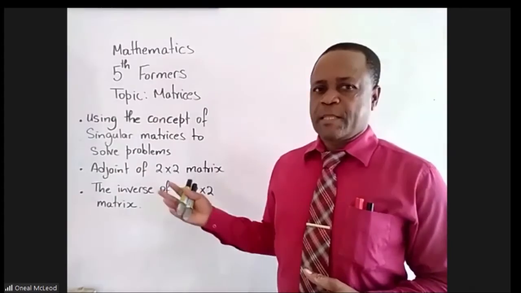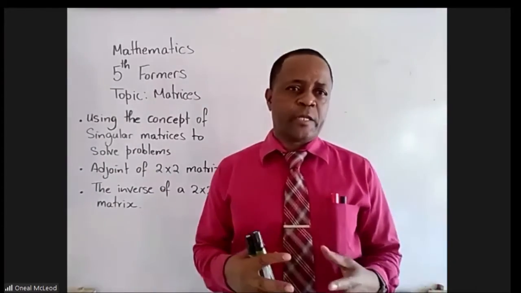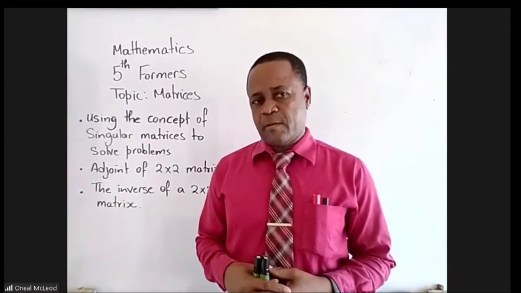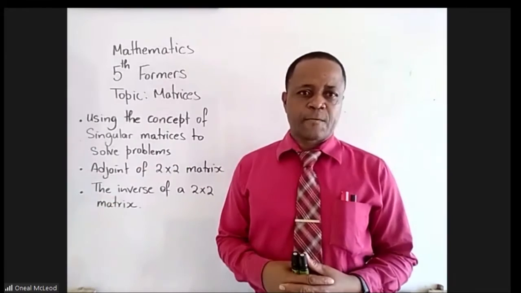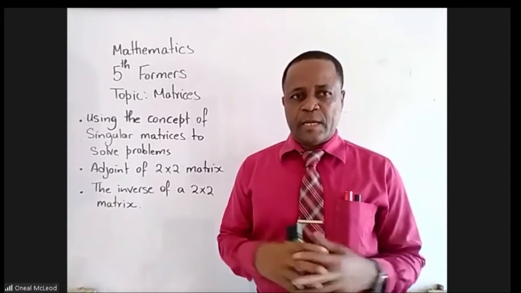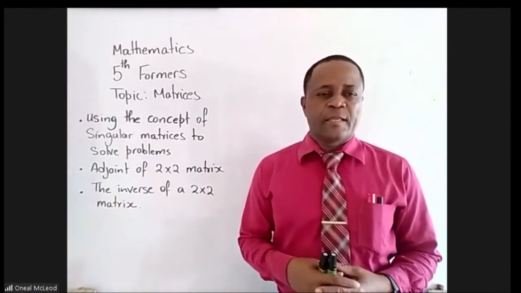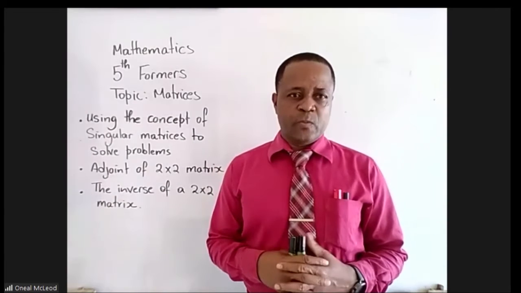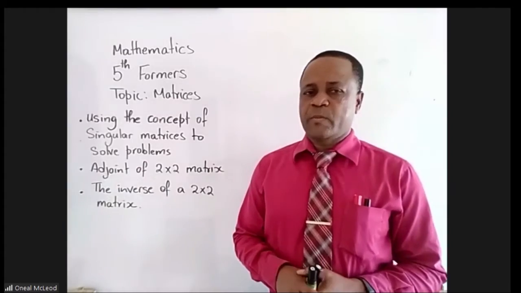Now, the next thing that we want to do is to be able to find the adjoint matrix for a 2 by 2 matrix. All right. We want to be able to find the adjoint for a 2 by 2 matrix. And last but not least, today we will be looking at the inverse of a 2 by 2 matrix. We're going to be looking at the inverse of a 2 by 2 matrix.